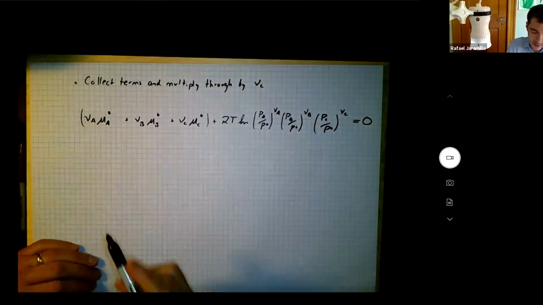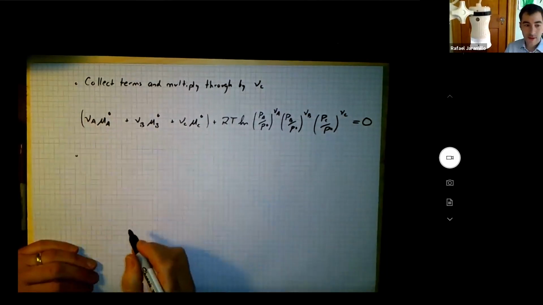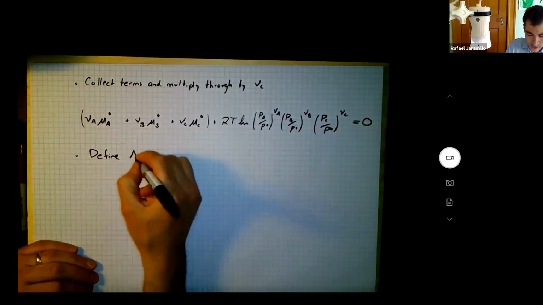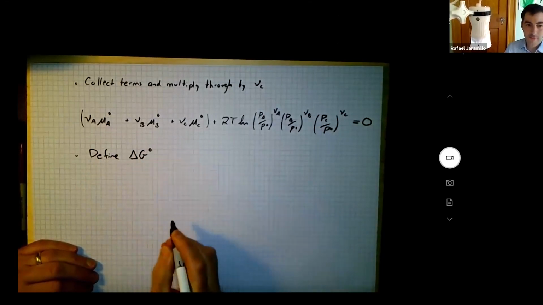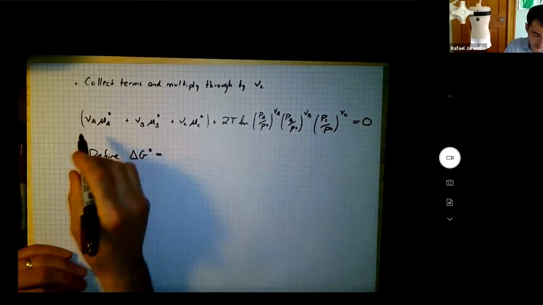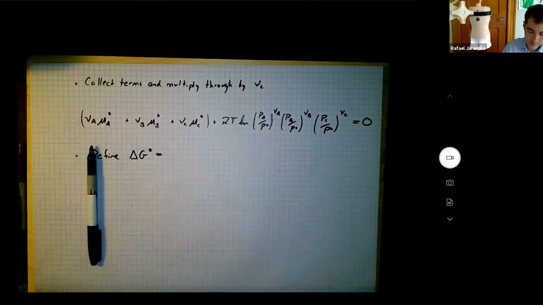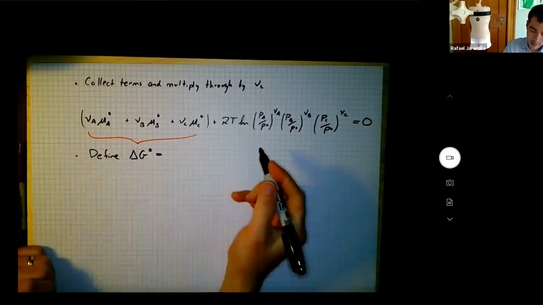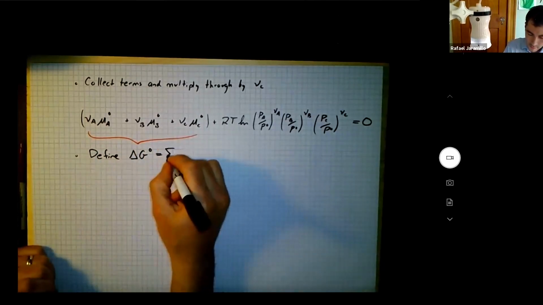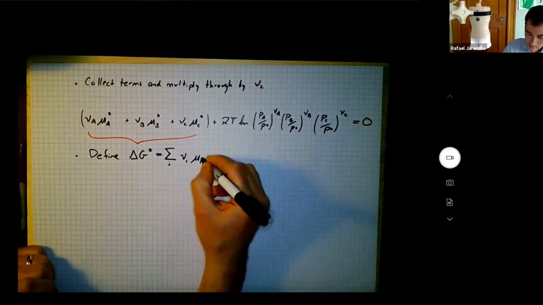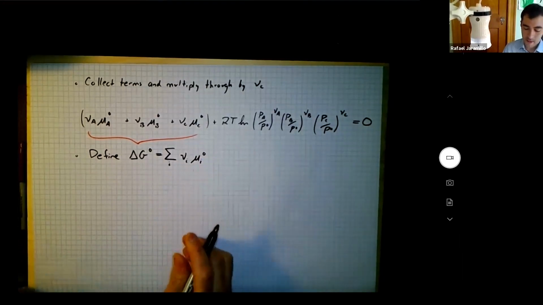Okay, we're going to continue to simplify this. We're going to define something. Define delta G naught equals this thing in parentheses, equals the sum over i of nu of i times the reference potentials.